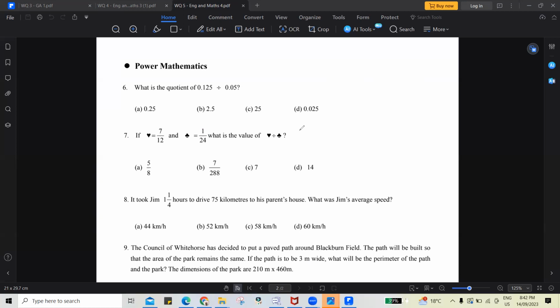Is it addition, subtraction, multiplication or division? Which one? Multiplication? Wrong. See here, it's a division. You substitute, you replace this one.